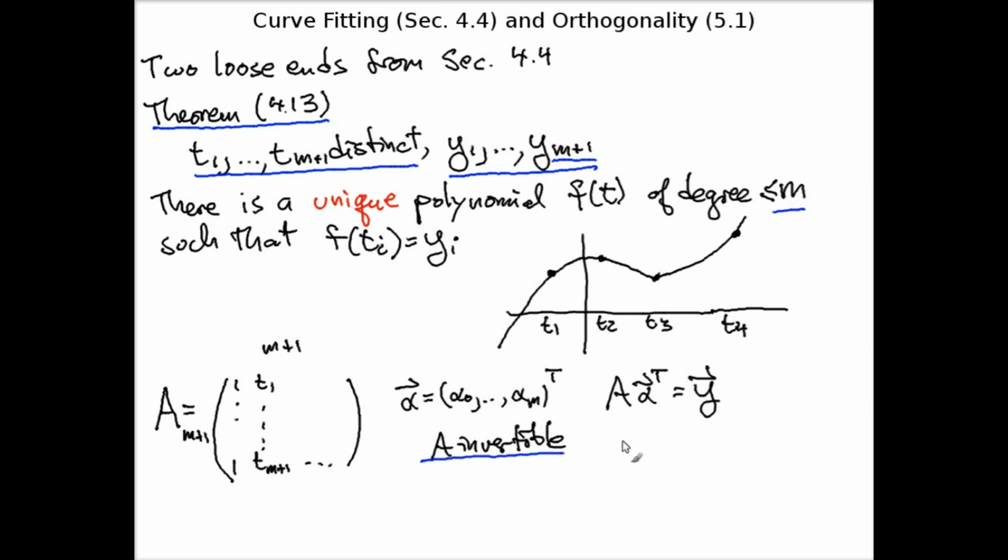And you conclude that this vector alpha is A inverse applied to y. And then the polynomial that you're looking for is alpha 0 plus alpha 1 t plus dot dot dot alpha m t to the m. Okay, that's just a refresher of something we did last time.